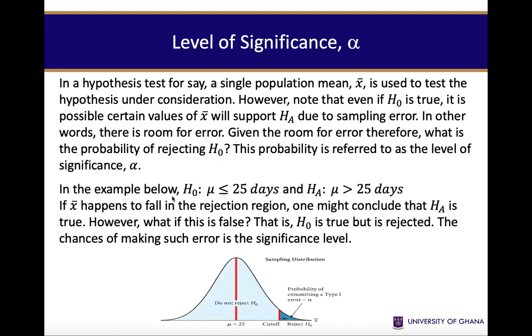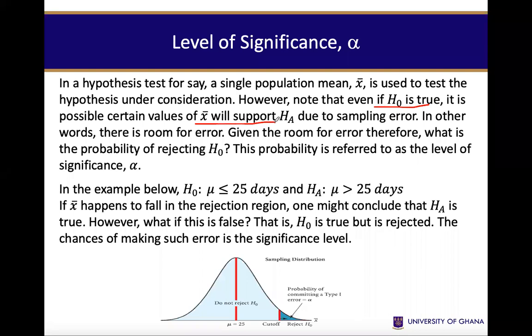So I spoke about the rejection region. Now let's take a look at something. In a hypothesis test for, say, a single population mean, X bar is used to test the hypothesis under consideration. However, note that even if H naught is true, it is possible that there are some values of X bar that will support the alternate hypothesis.